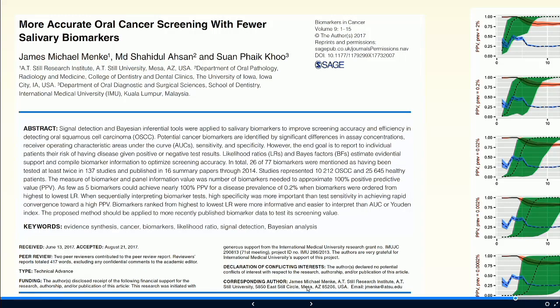In most studies, where we're comparing 500 people with the disease and 500 people without the disease, and we look at sensitivity and specificity, we are skewing the data already because the prevalence is 50%.